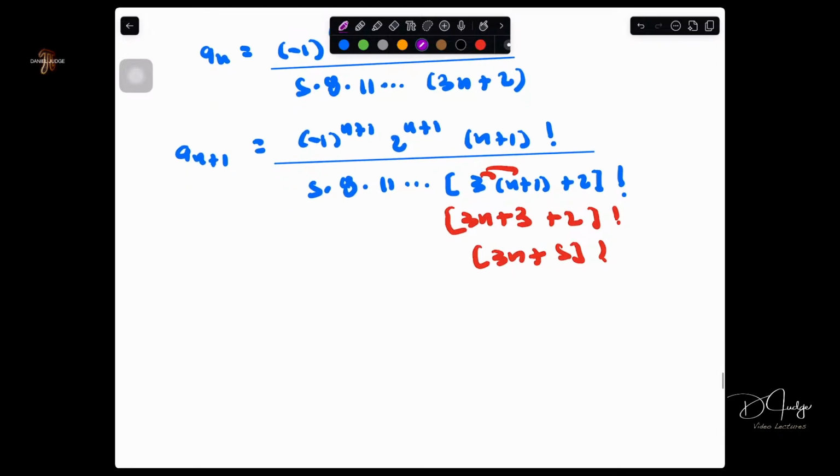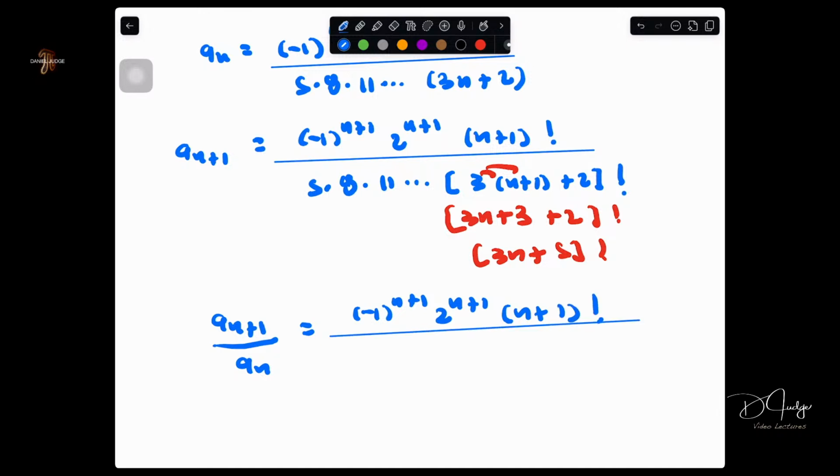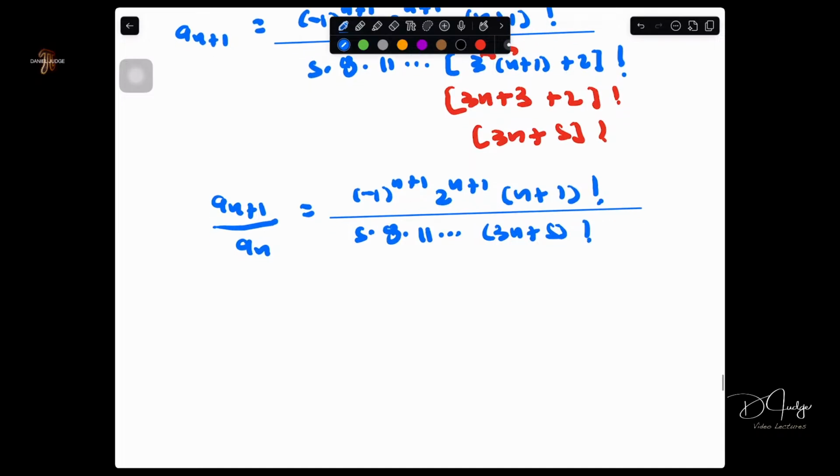So, all right, let's look at the ratio now. a_(n+1) over a_n becomes negative 1 to the n plus 1, 2 to the n plus 1, n plus 1 factorial over the product of 5 times 8 times 11, all the way up to 3n plus 5 factorial here. We need to see what this looks like in absolute value now.